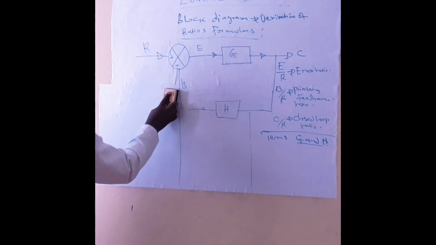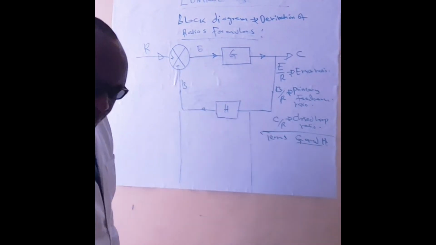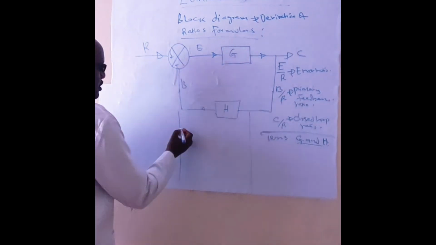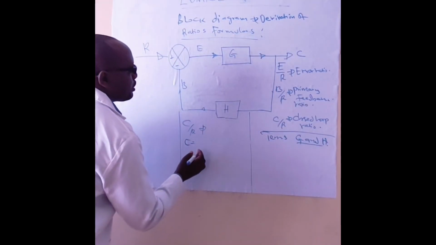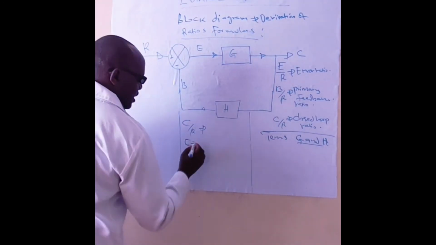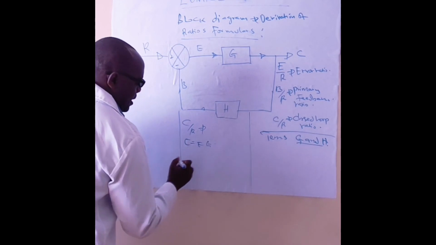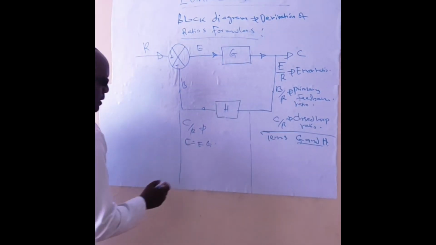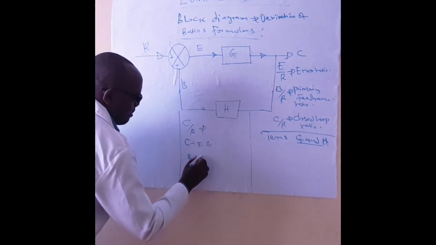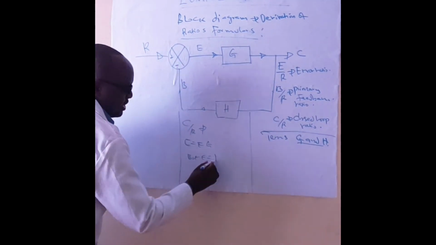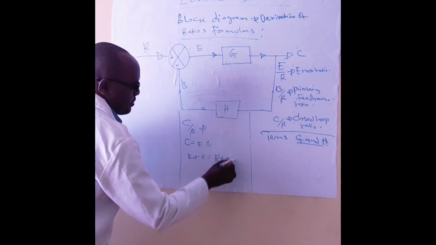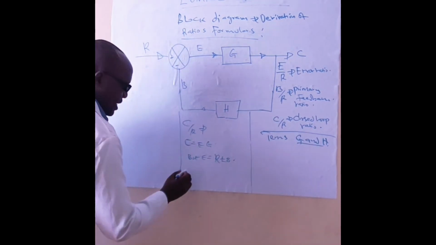So the last expression, which is C over R, we start again from C. We say C is equal to this EG, but E is equal to this and that. That is R minus or plus that. But B again, B is this and that.